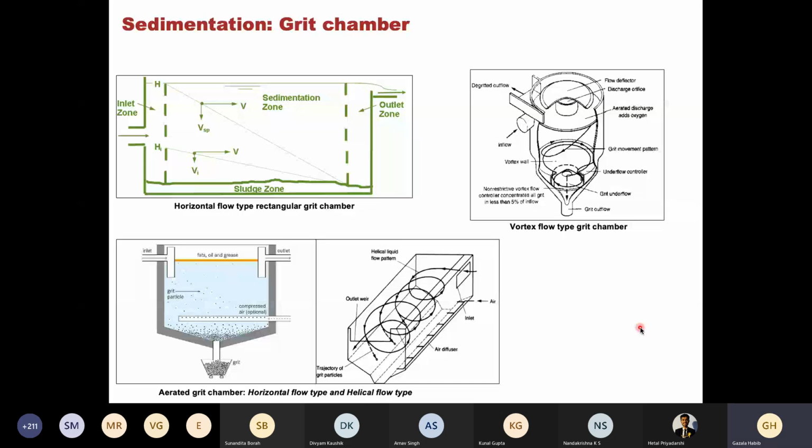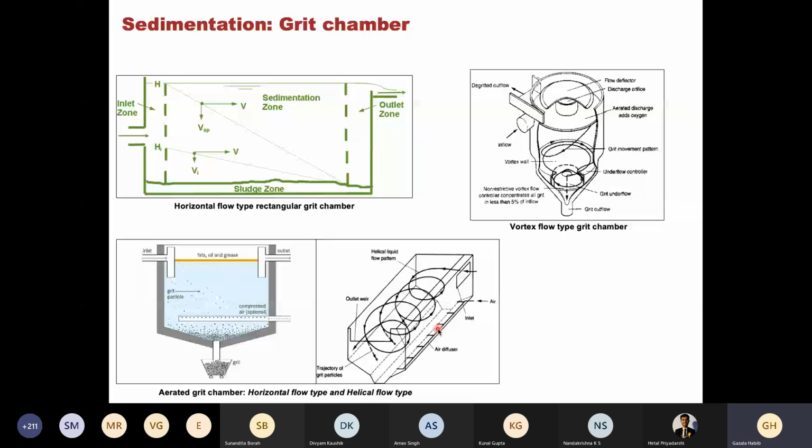So these are the three types. The first one is vortex flow. This is horizontal on the left hand side, and this is the helical flow type, the second one on the right hand side. In the top and bottom two figures you can see.